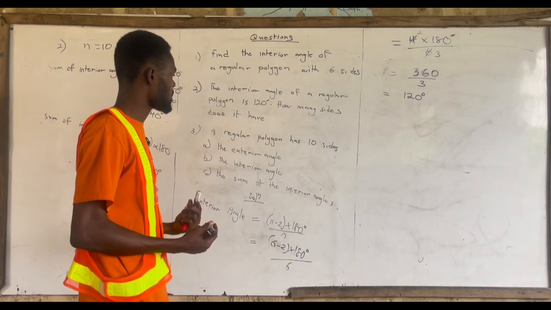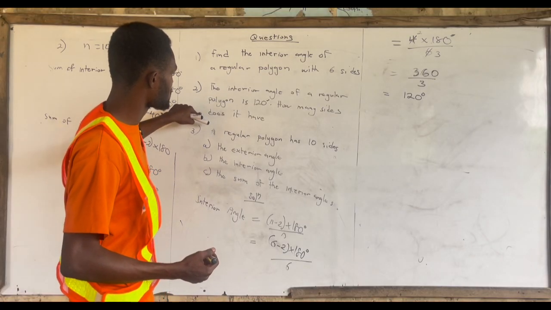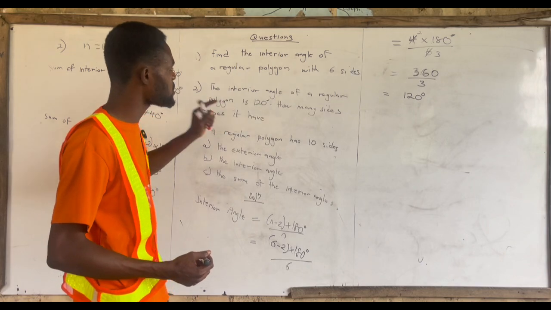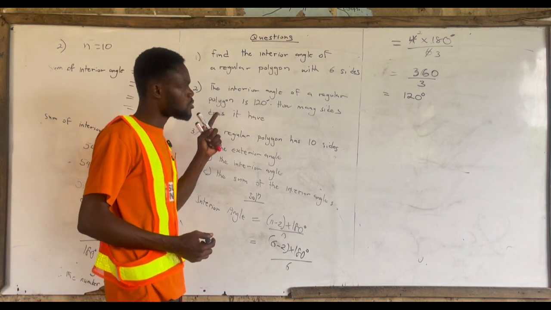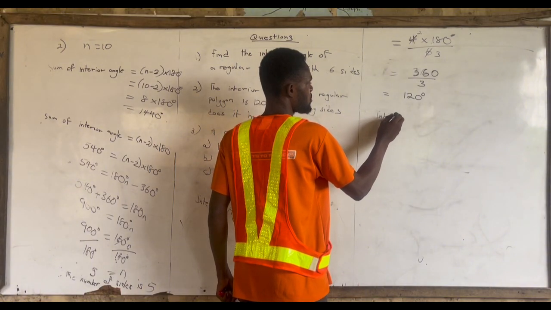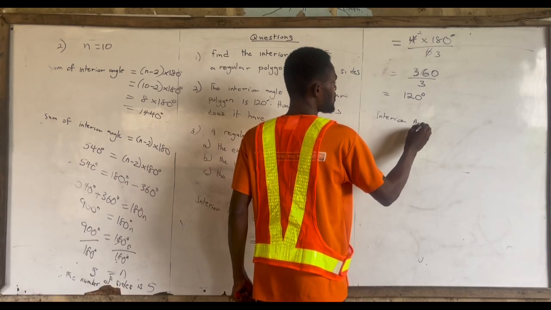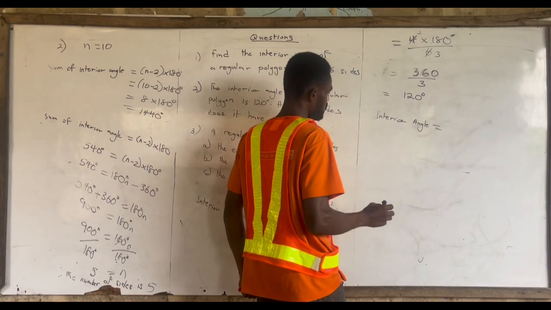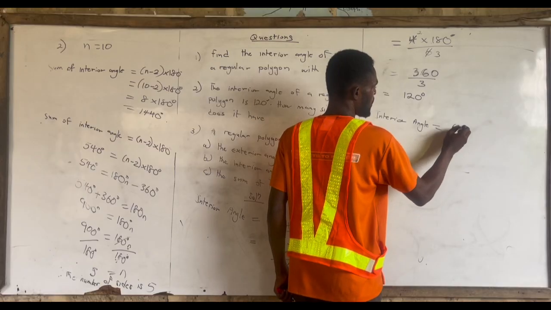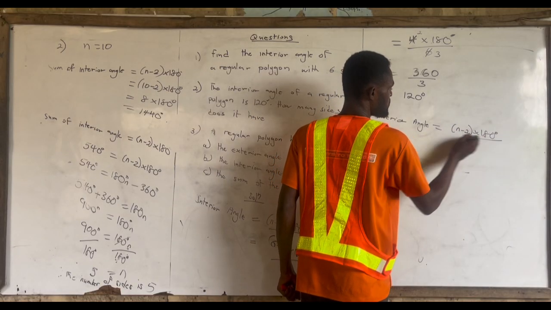The second one: the interior angle of a regular polygon is 120 degrees. How many sides does it have? So we are calculating for the sides and we're given the angle to be 120. We know that the interior angle is equal to the formula n minus 2 times 180 degrees divided by n.